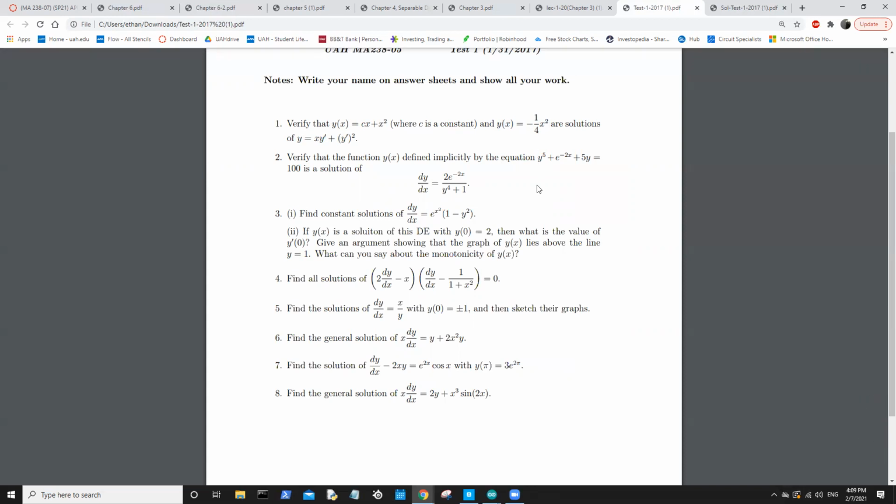So now we have -1/4 x squared on the left-hand side equal to negative 1/2 x squared plus 1/4 x squared. And that should become negative 1/4 x squared, yeah. So that is in fact a verified solution for this part.